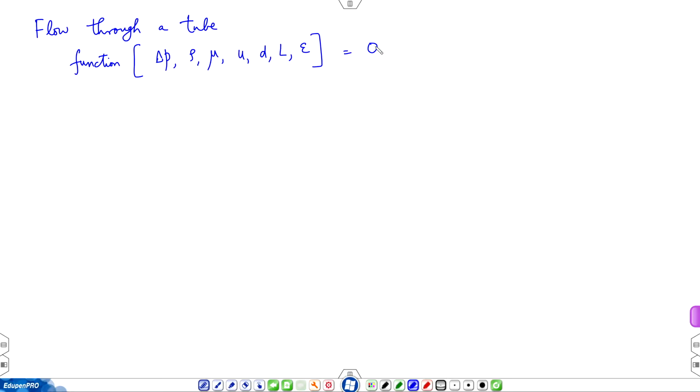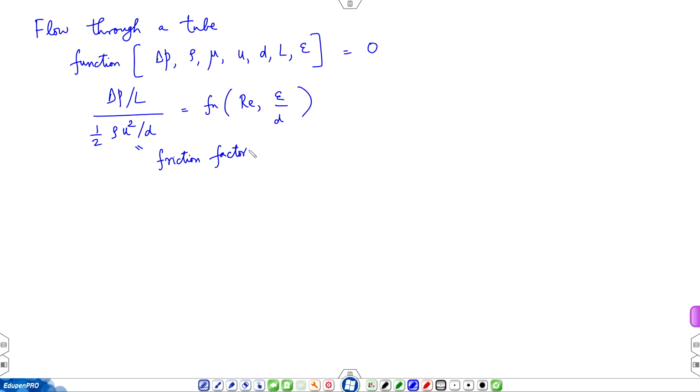Through a process of non-dimensionalization, we brought it down to, on the left hand side, friction factor, given a symbol F. So, it is this data which is given to you in the handbook.